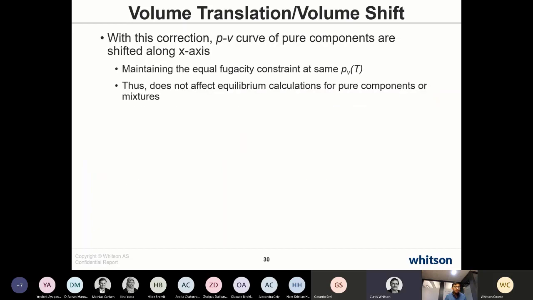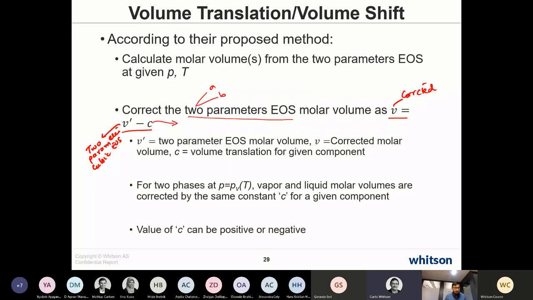Just a historical note that's still important to know. When you take your equation of state from whatever software you're using, and the process engineers are using HYSYS, 20 years after this method was introduced, finally HYSYS got around to implementing it as an option.